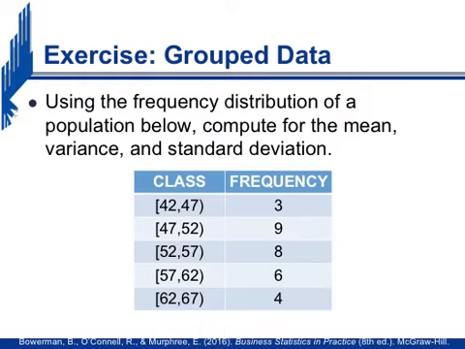Now, aside from the manual computation shown earlier, you can also compute for this faster using your calculators or using Microsoft Excel. So just try to explore again the features of your devices to determine the faster way to compute for these values.